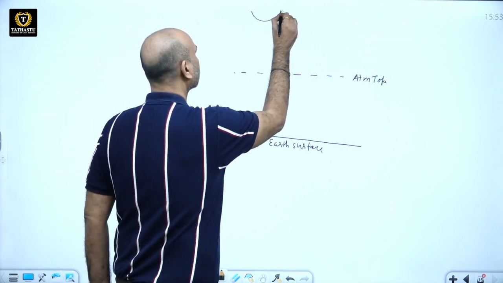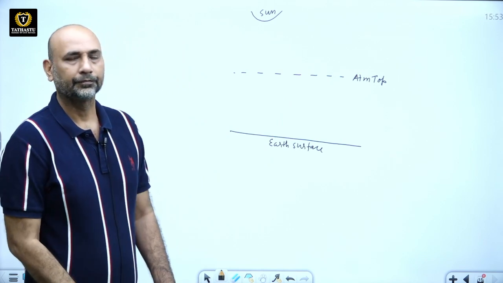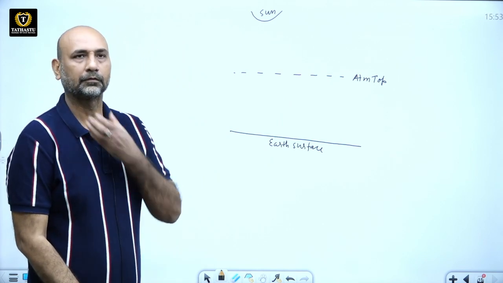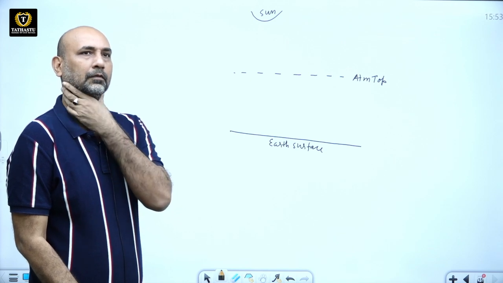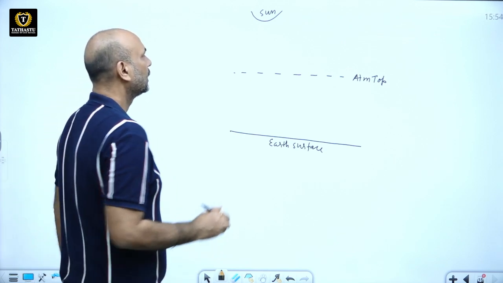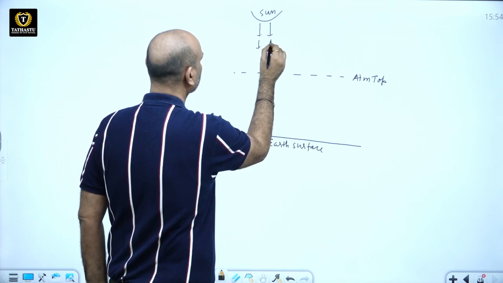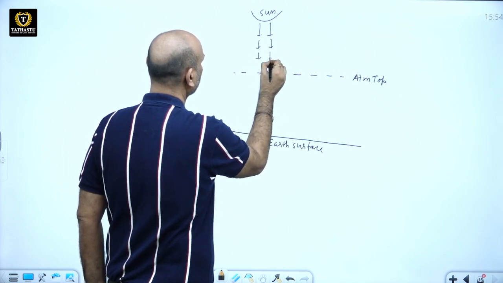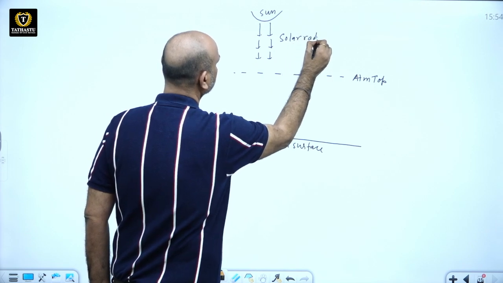And this is sun. The energy outflowing from sun is described as solar radiation.